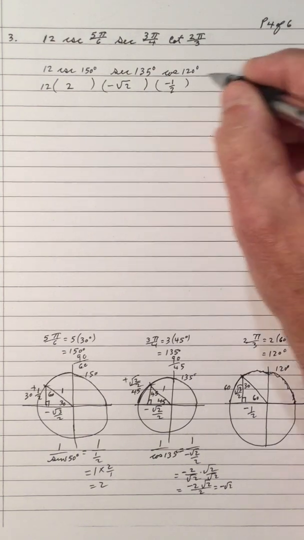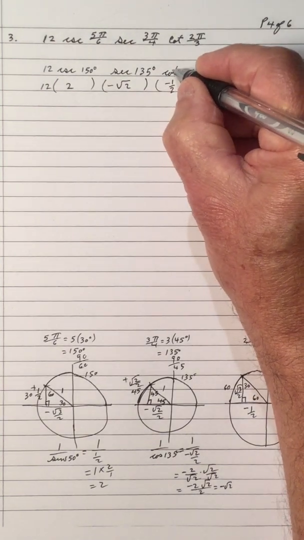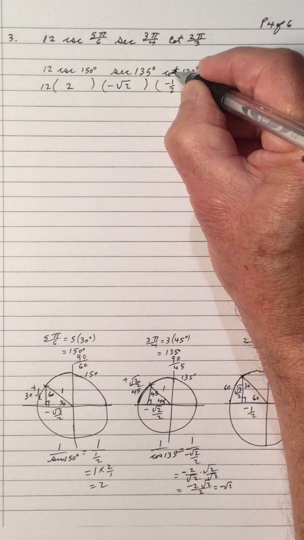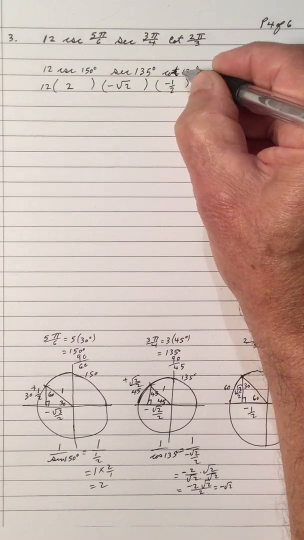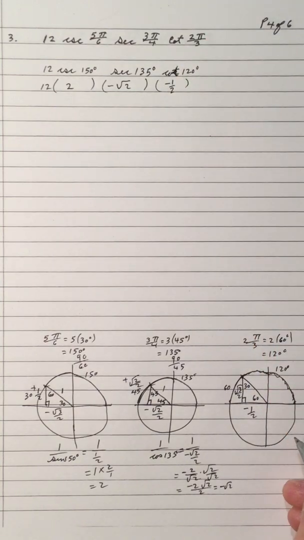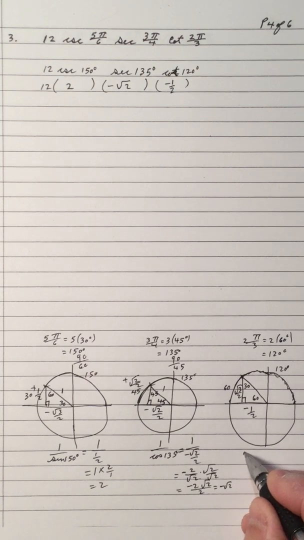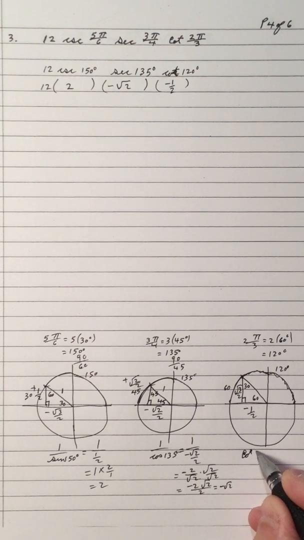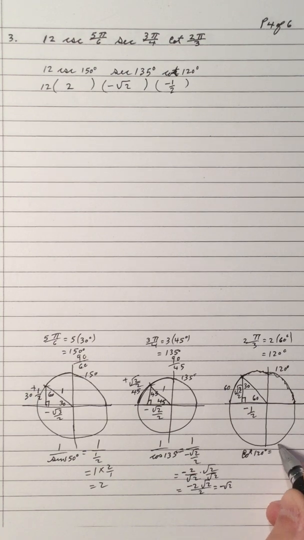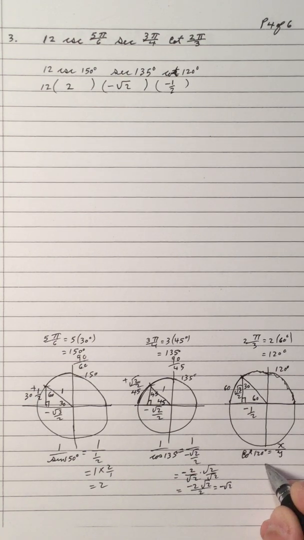Oh, I wrote down cos. Look, this is a cot. I just noticed. So I had to do the cot of 120. Cot is the x over the y.